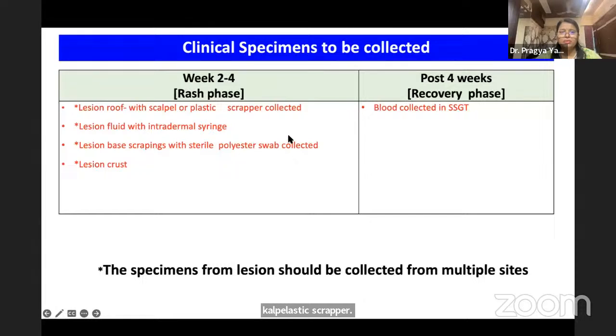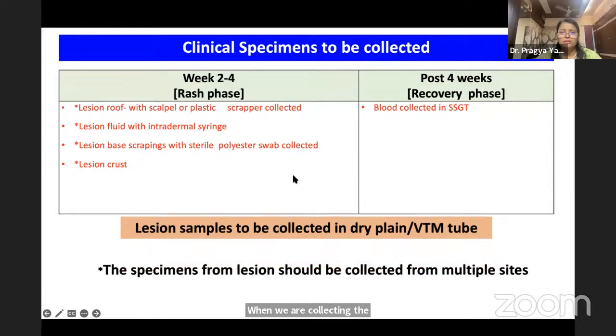Lesion base scraping with a sterile polyester swab. Blood can be collected in an SST tube, and after 4 weeks some blood can be collected during the recovery phase to understand antibody positivity. When collecting lesion samples, they should be collected from multiple sites.